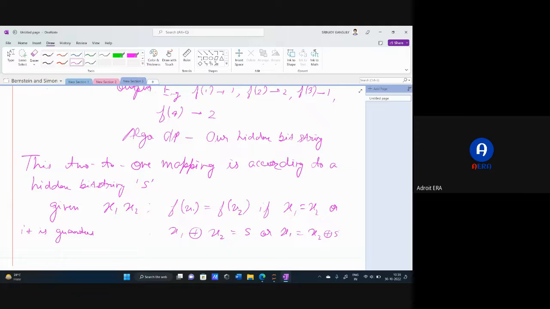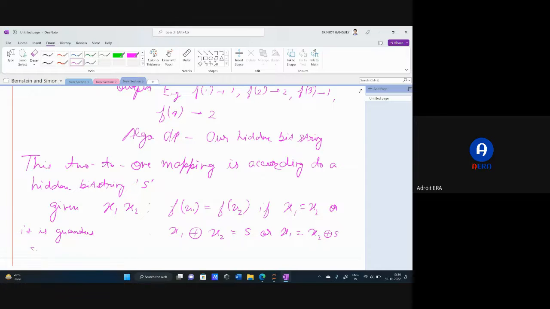This is very similar to the Deutsch algorithm. If you remember, there we were taking f0 XORed with f1 is equal to 0 or not, taking both inputs 0 and 1. Here also we are taking x1 and x2, a generic input.